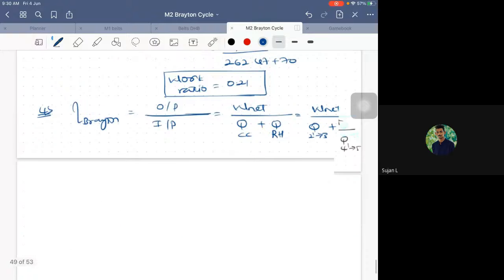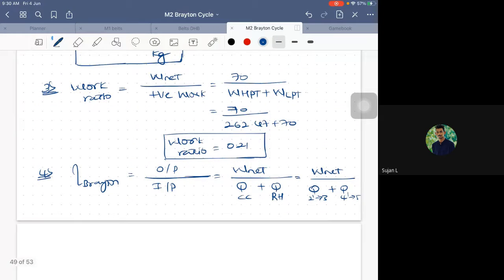Now, you must calculate what? I'll just write it here itself. Here, 2 dash to 3, you have to calculate. Again, it is m Cp delta T, but for heat, it is final minus initial. So it is T3 minus T2 dash. Considering it for a unit mass basis, it is Cp into T3 minus T2 dash. What is the value of Cp?